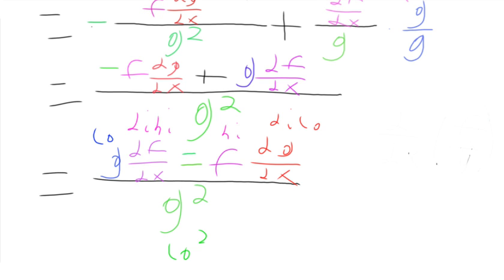So we have low, that's our g, d high, derivative of the high function, the top function, which is f, the derivative of f is df/dx, minus is minus, high, the top function, f, times d low, the derivative of the bottom function, dg/dx, over low squared, the bottom function squared.